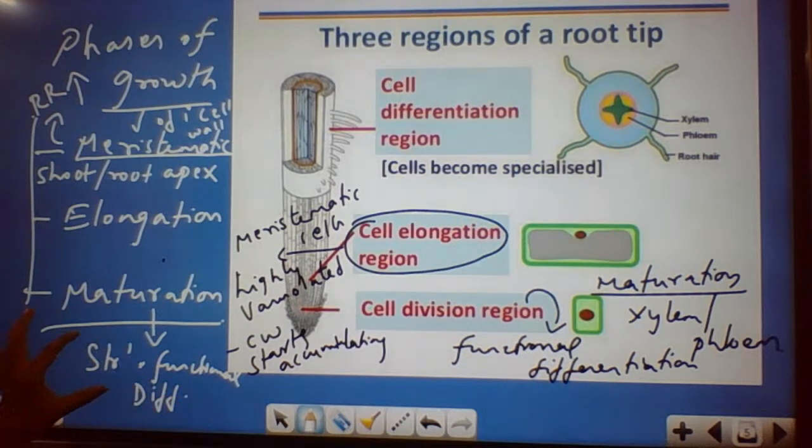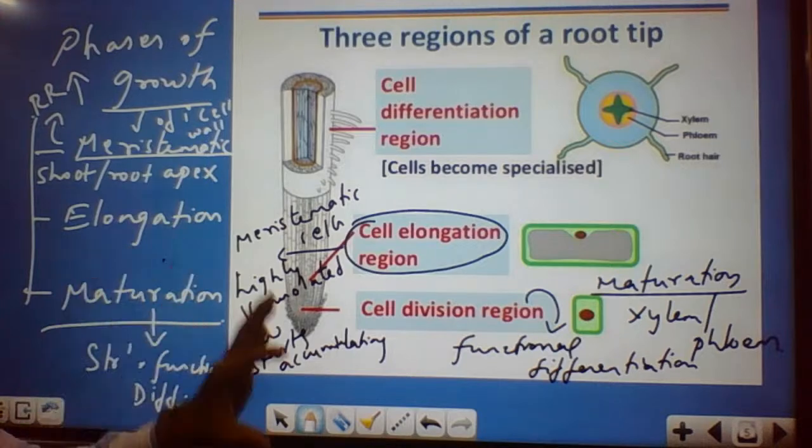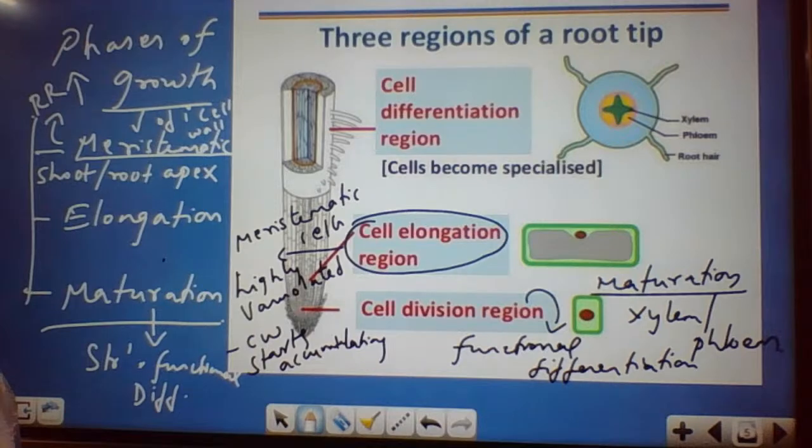Very shortly we're going to discuss differentiation, redifferentiation and dedifferentiation, and you can clearly understand in that part.